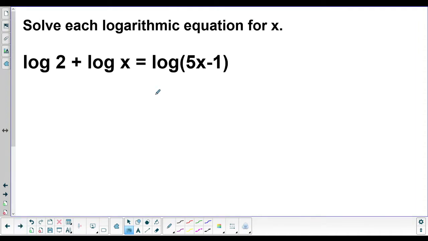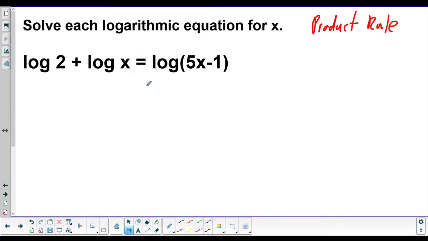This one, we can't just straight up cancel our logs because a log plus a log is not the same thing as just a single log. So what we need to do is think back to our last lesson and think about how can we turn two logs into a single logarithm. Lucky for us, we know something called the product rule.